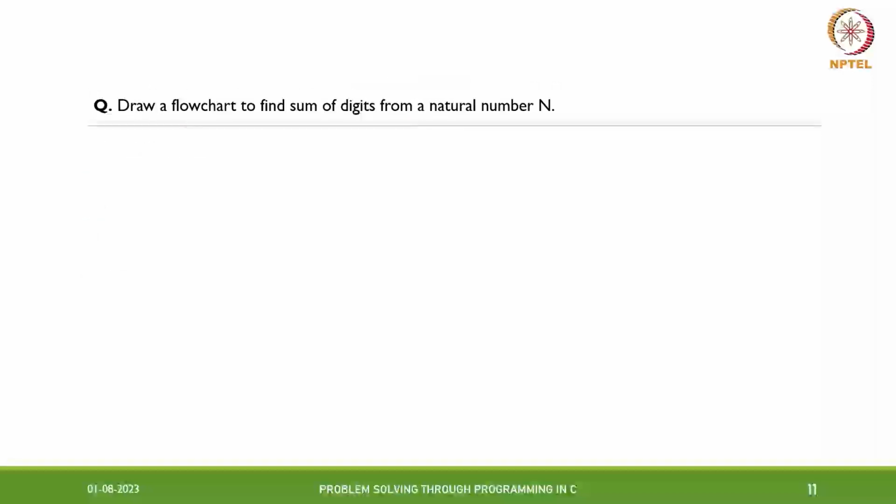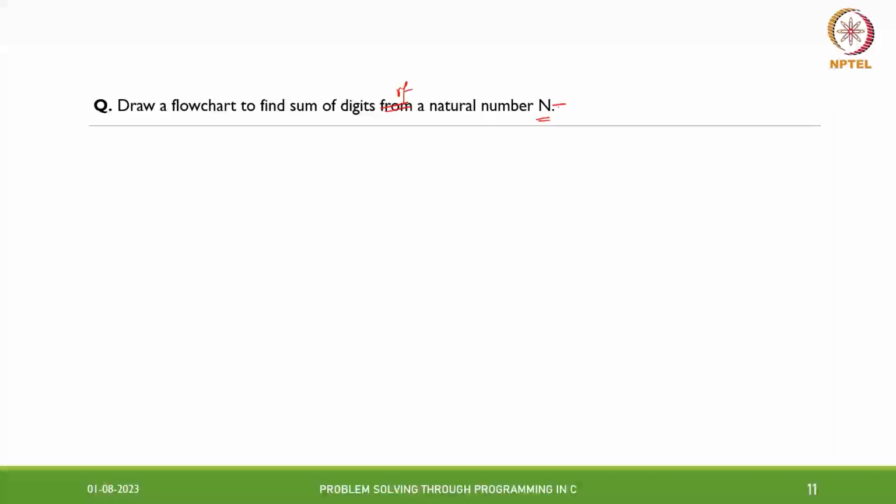All right. Now this is the last slide I have for today. This is quite easy if you have followed some of the previous flowcharts that we were looking at. So the question is, draw a flowchart to find the sum of digits of a natural number n.